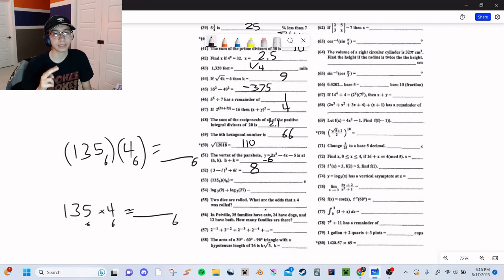What's 20 divided by 6? You get 3 with a remainder of 2. So once you get that, you're going to actually write down your remainder when you get the product of 5 and 4 and divided by 6, your base.